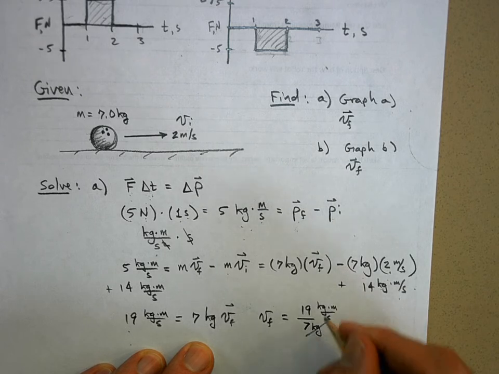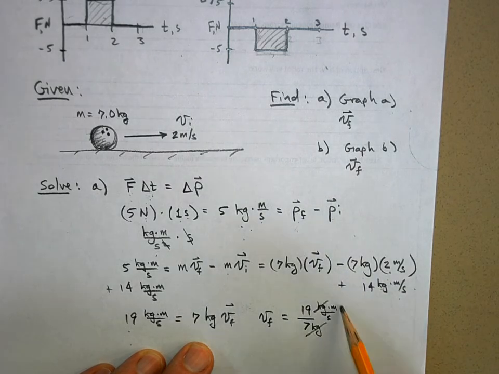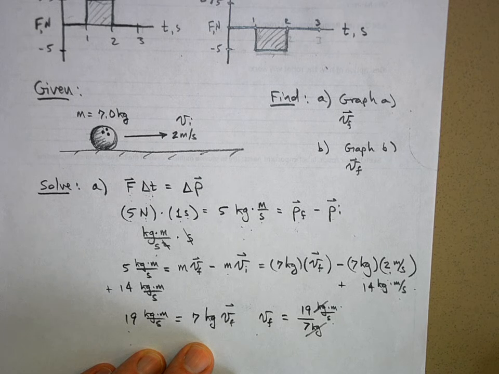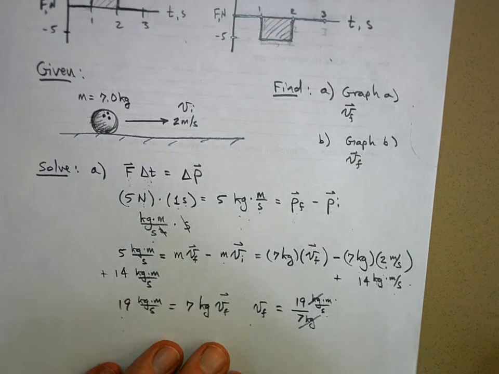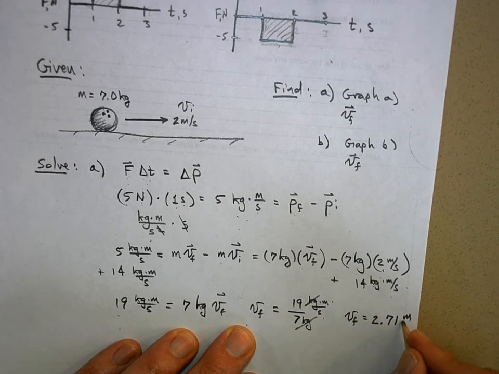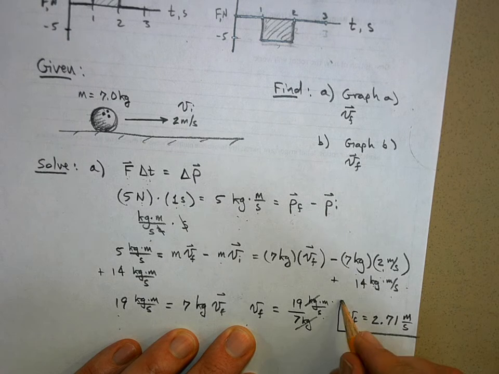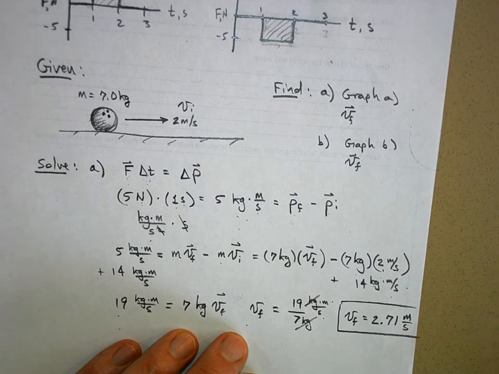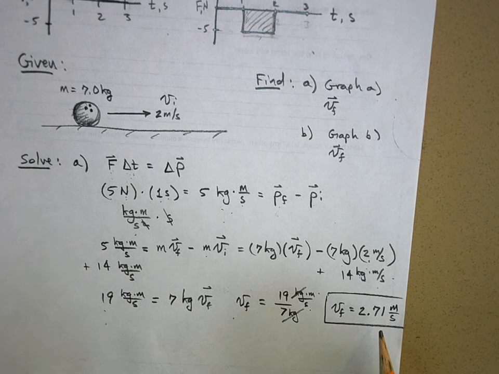Notice that the kilograms will cancel out, leaving meters per second, and that's what velocity is measured in, so that's good. And you get 2.71 was your answer. Meters per second. So it is indeed moving a little bit faster, isn't it? Okay.